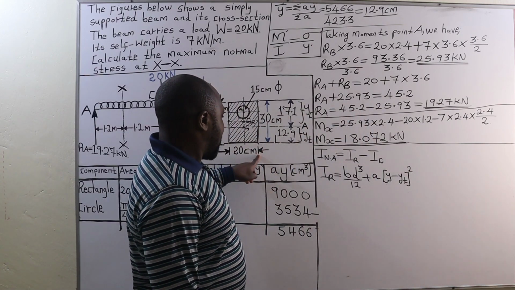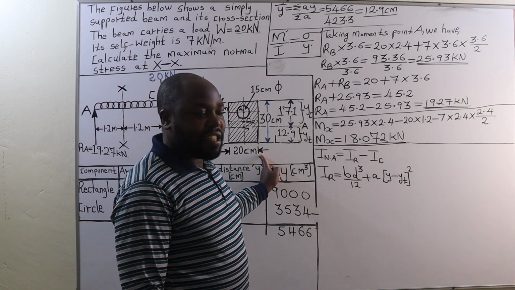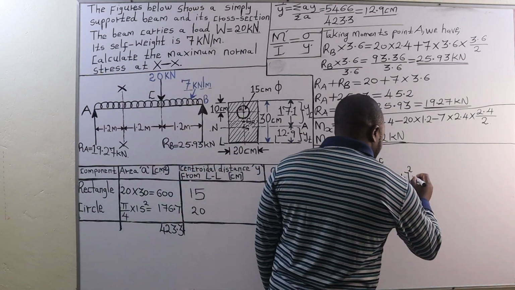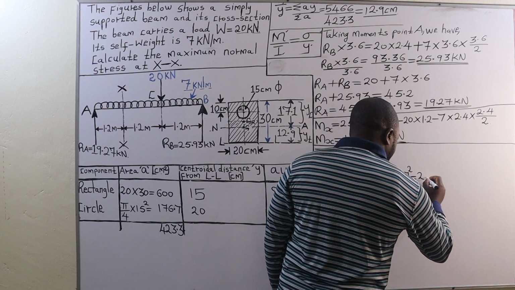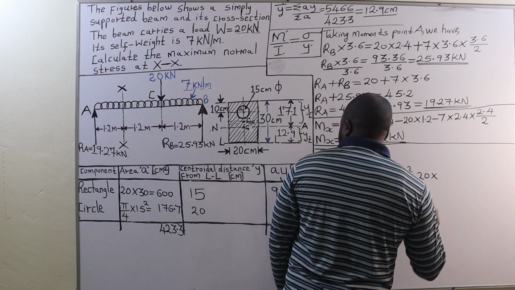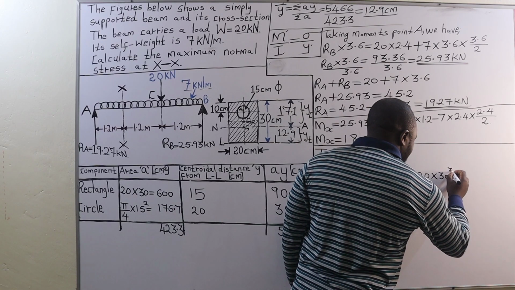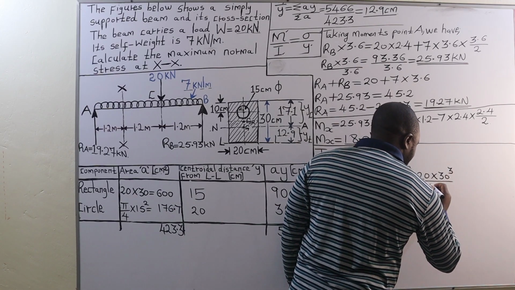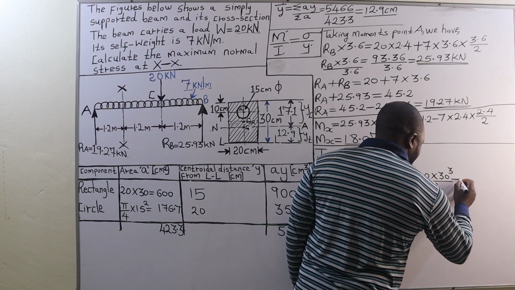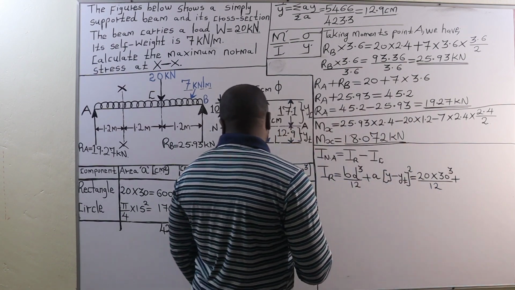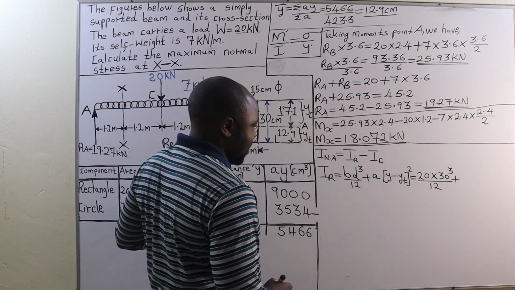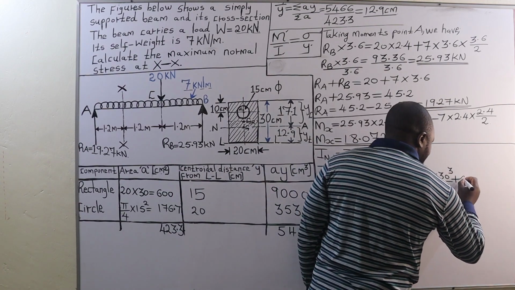Therefore, the breadth of the rectangular section is 20 centimeters. So we are going to have 20 centimeters times its depth, 30 centimeters cubed. Divide this by 12 plus the area of the rectangular section is 600 square centimeters.